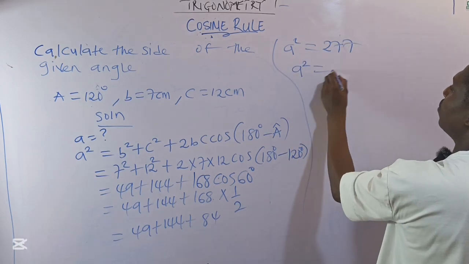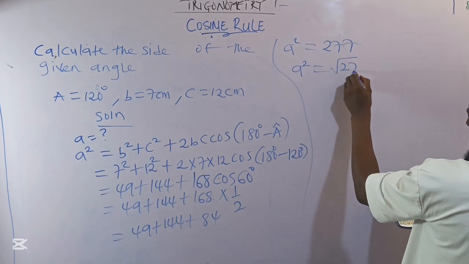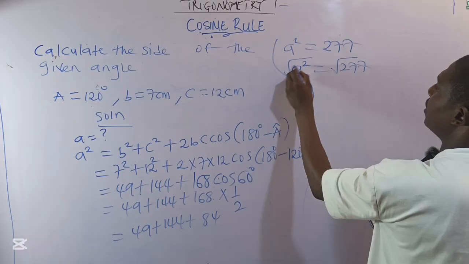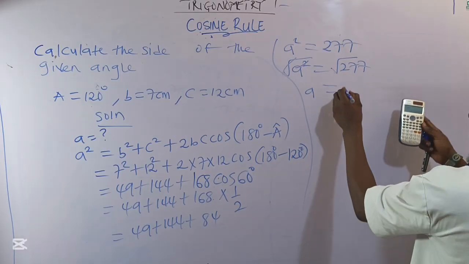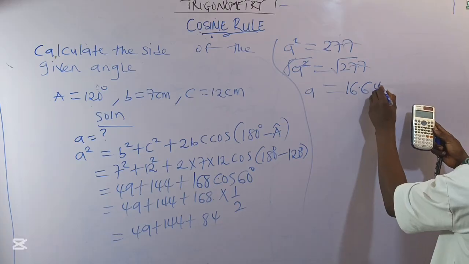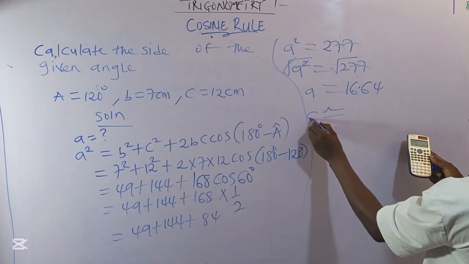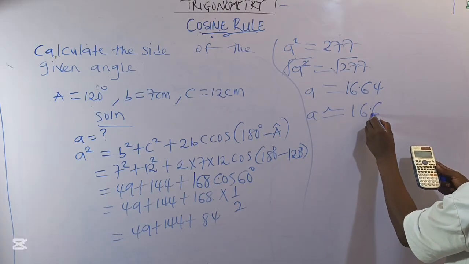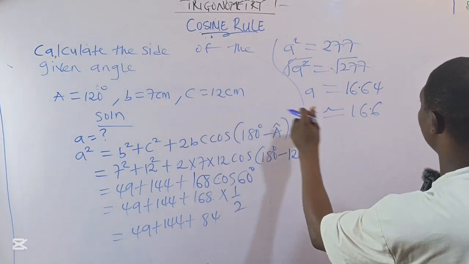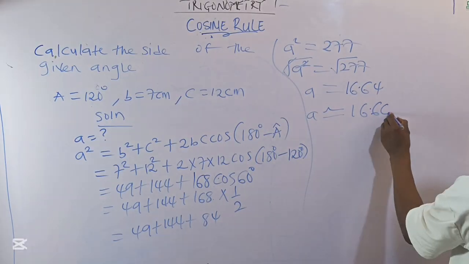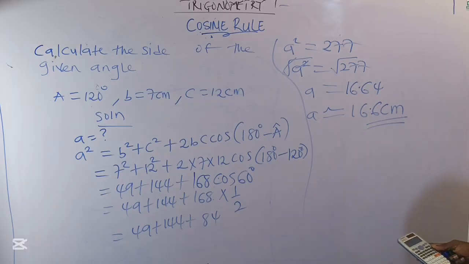And if I take my square root, I'll have the positive square root of 277. And a will be equals to the square root of 277, which will give me 16.64, which is approximately equals to 16.6 to 3 significant figures, like the question says in the previous question. Which unit? Centimeter. So this is my answer.